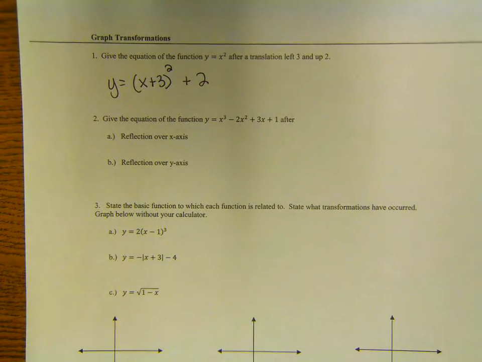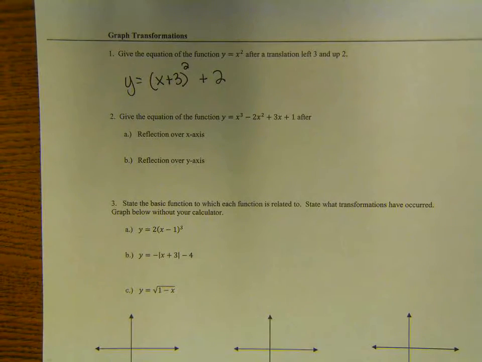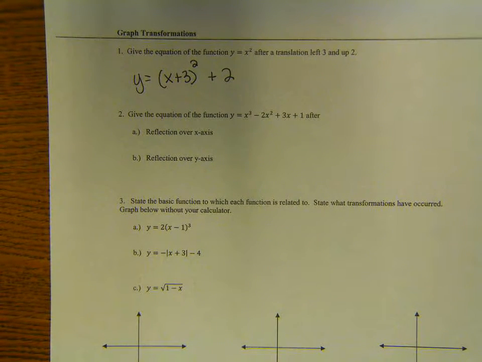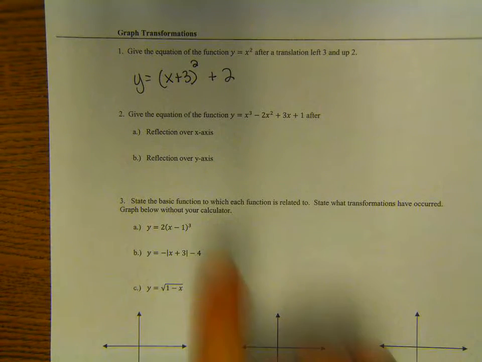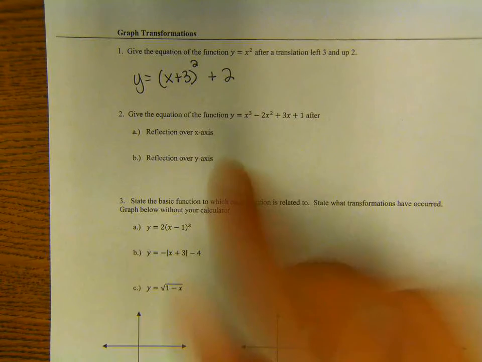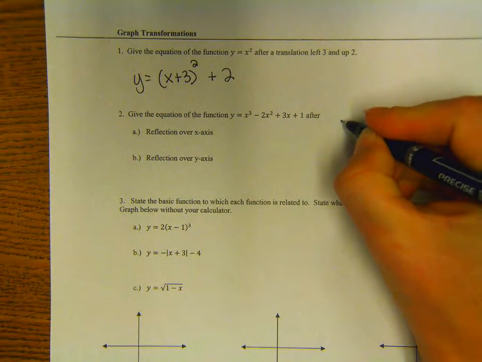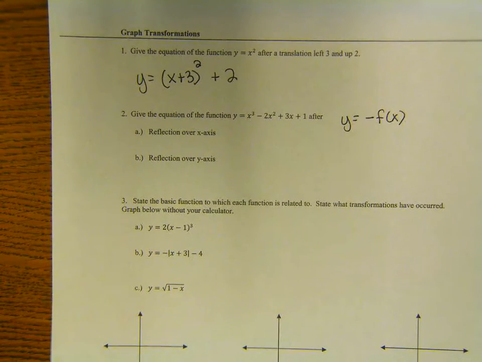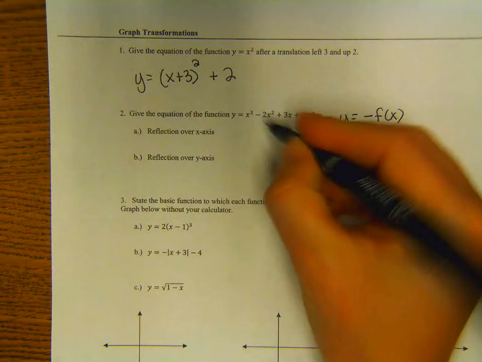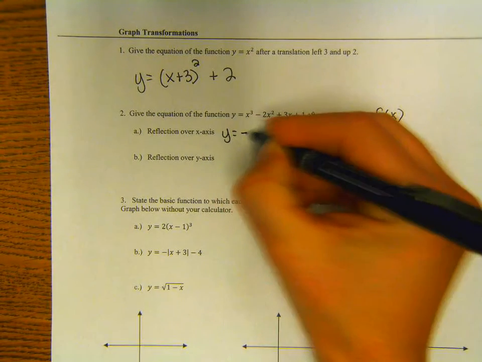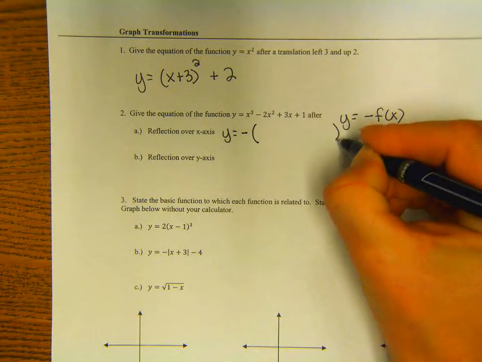Then let's talk about x-axis and y-axis reflections. When we reflect something over the x-axis, what did it say in your notes? It says y equals the opposite of f of x, doesn't it? Okay, and so what that means is this. This function, I take, and I'm going to put a parenthesis here, the opposite of the whole thing.